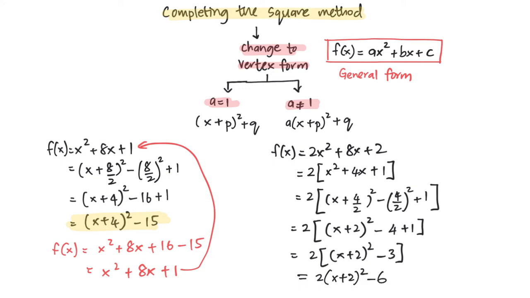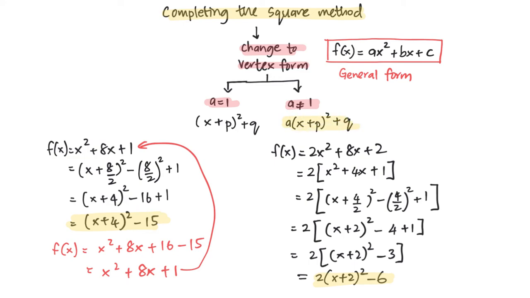You can check. If we expand, we will get back the function from earlier. You see here, the last part, what we got, our vertex form, is similar to the vertex form up here.